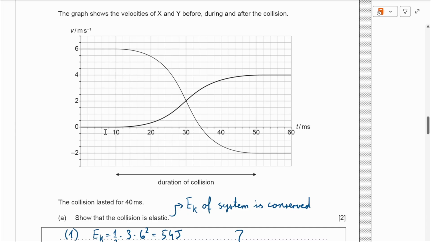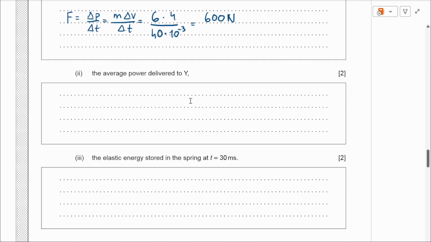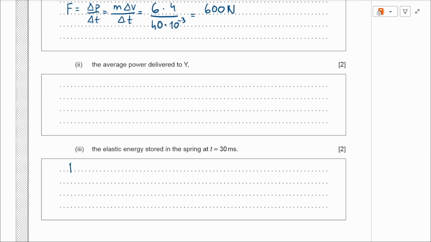Or we can consider that the change in velocity, as we said, was 4 meters per second, and so the average speed is 2 meters per second. So what I can say is that the average power is just going to be the average force, which, oops, not in this question, part 2 only for now.